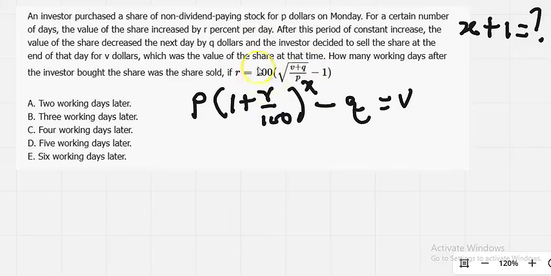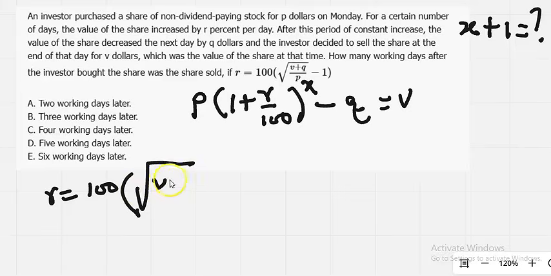So let's rearrange this equation we are given in order to connect with the equation we generated here. So this is R equals 100 in brackets square root of (V plus Q) over P minus 1.